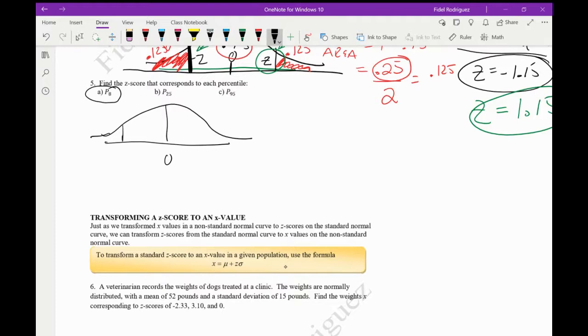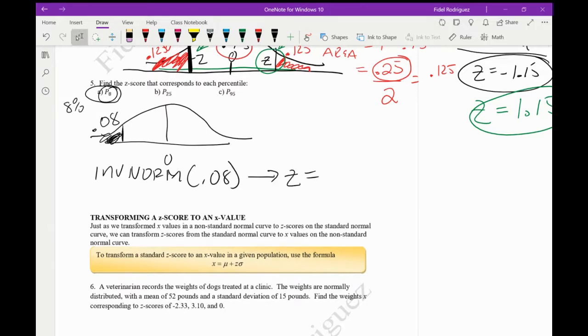The area over here, since this is a percentile, I have to think about as 8%, and as a decimal that's 0.08. So all I'm going to do is go inverse norm of 0.08, and that's going to give me my value for z.